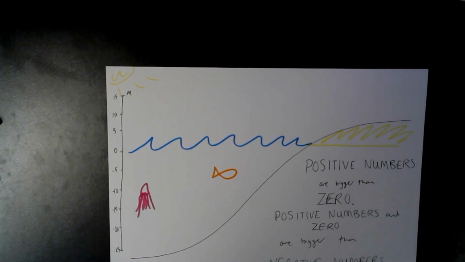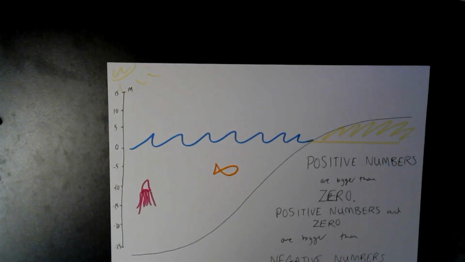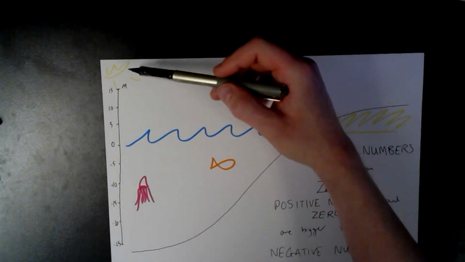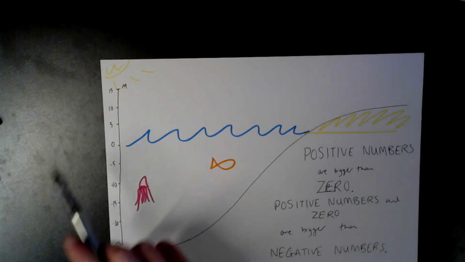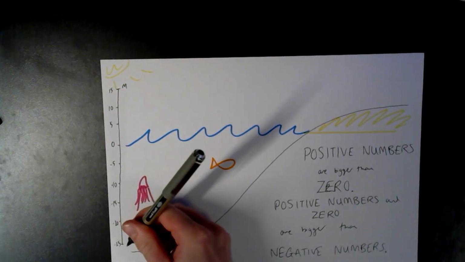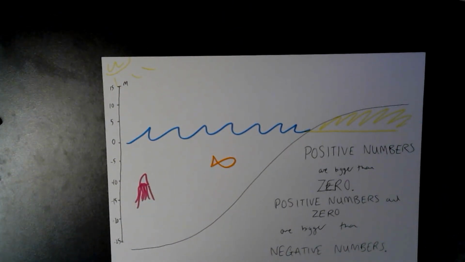And what else can we say? I guess it's true that as you look up, you get bigger. So as we move up the number line, we get higher or bigger or larger. And as we move down the number line, we get smaller.